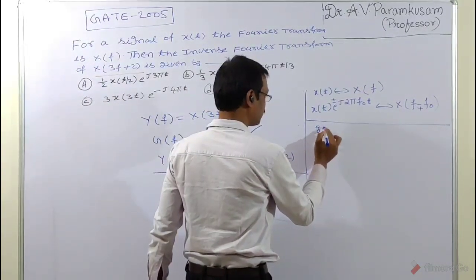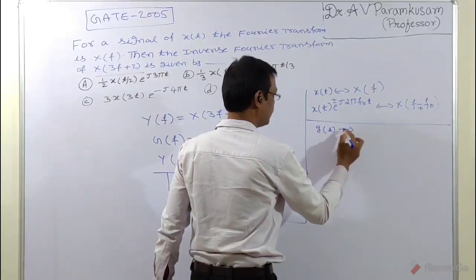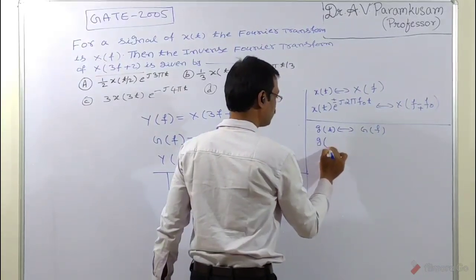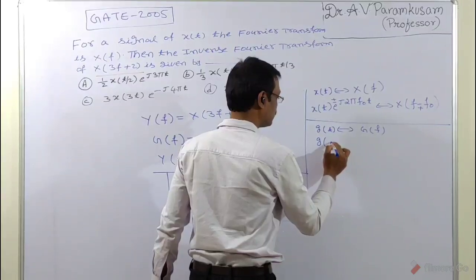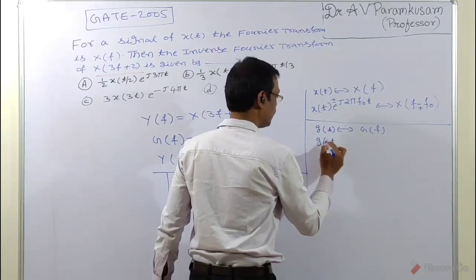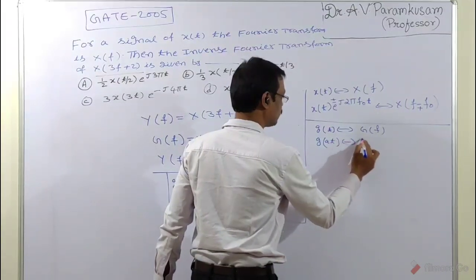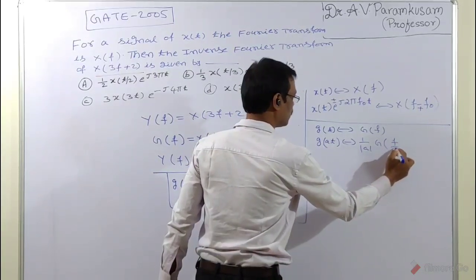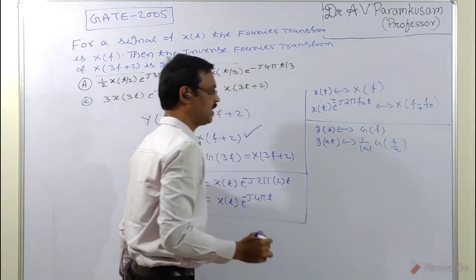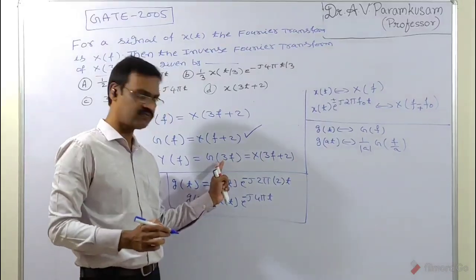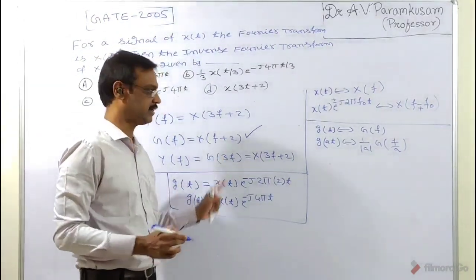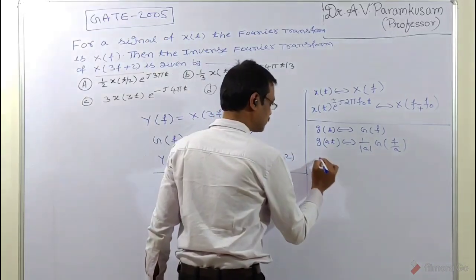If the Fourier transform of g of t is given by g of f, then the Fourier transform of g of at is 1 by mod a g of f by a. Here I have g of 3f. So assume that a is equal to 1 by 3.